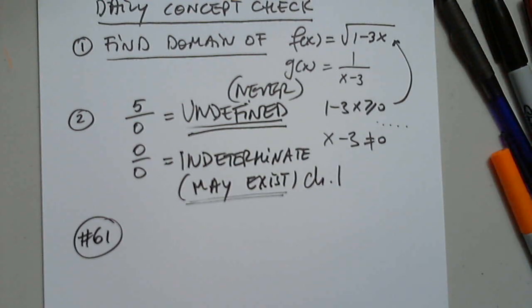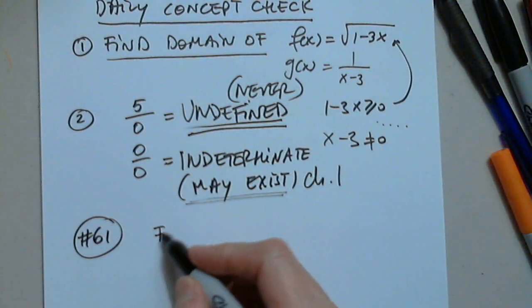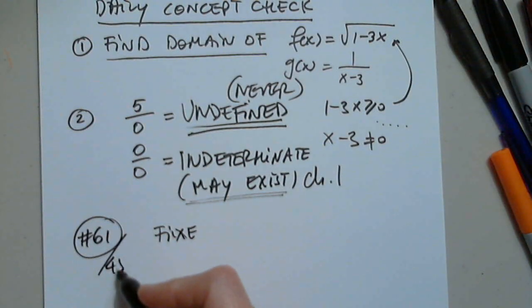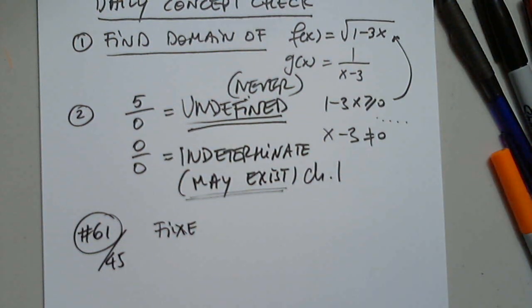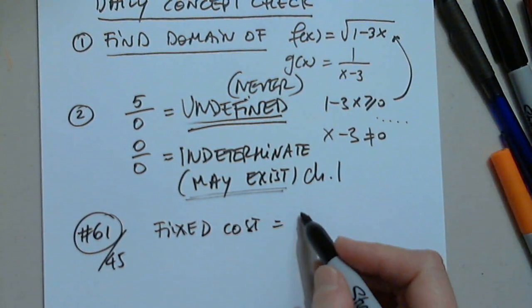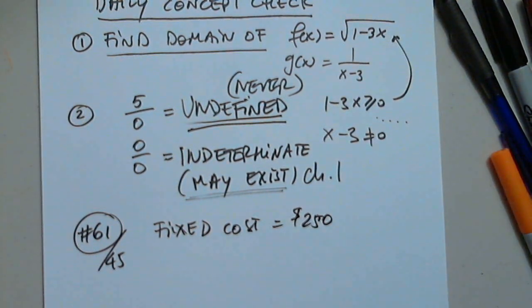Jamal decides to mow lawns to earn money. The initial cost of his electric lawnmower, so this is a fixed cost. Let me write the page number also. I always try to be clear. Okay, so fixed cost, $250.